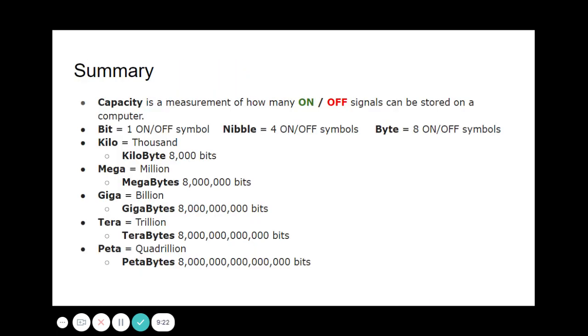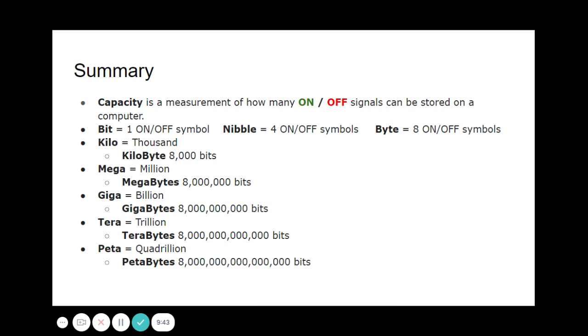Okay, so in summary. What's capacity? Capacity refers to the measurement of how many on or off signals a computer can store. What is a bit? A bit is 1 on or off symbol. So by itself, a bit is either just an on or an off symbol. What's a nibble? That's just 4 of them.